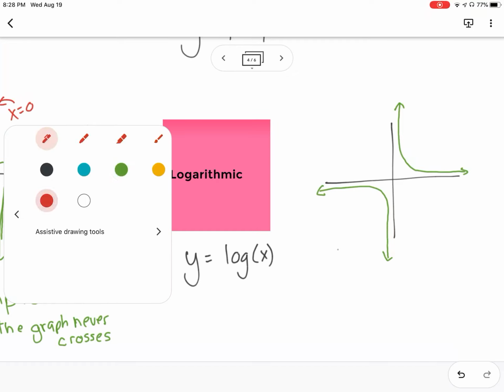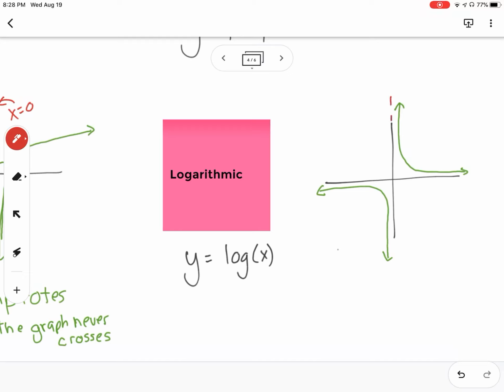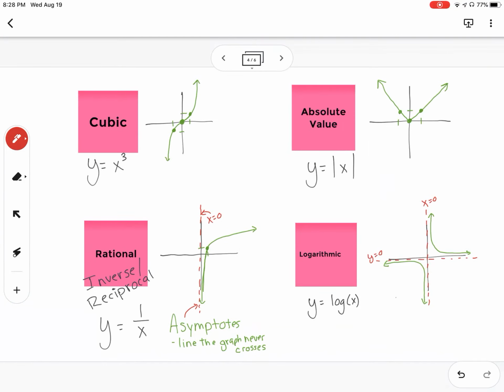Logarithmic, so we're never going to equal 0. We can't get them to be 0, so it's never going to touch either of these lines. The logarithmic actually have 2 asymptotes, one on x equals 0 and one on y equals 0. The logarithmic is going to look like this one. Right, so that's those 4.